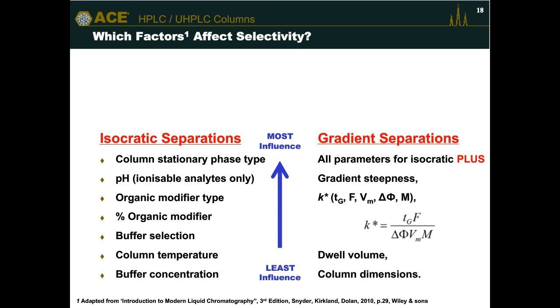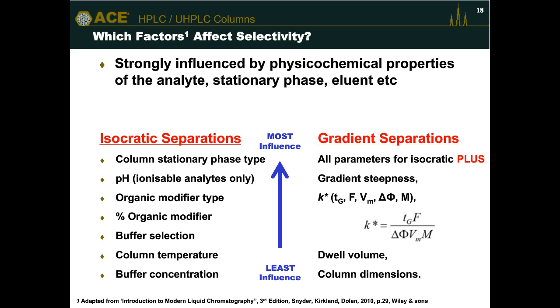So from a practical standpoint, we can change a number of factors that affect alpha, that affect selectivity. And we've listed these nicely at the bottom of the slide. So for isocratic methods, the column type is the strongest influence. So do I choose a C18 or do I choose a phenyl? If you've got ionizable analytes, which to be honest most of us have, then pH has a big impact.